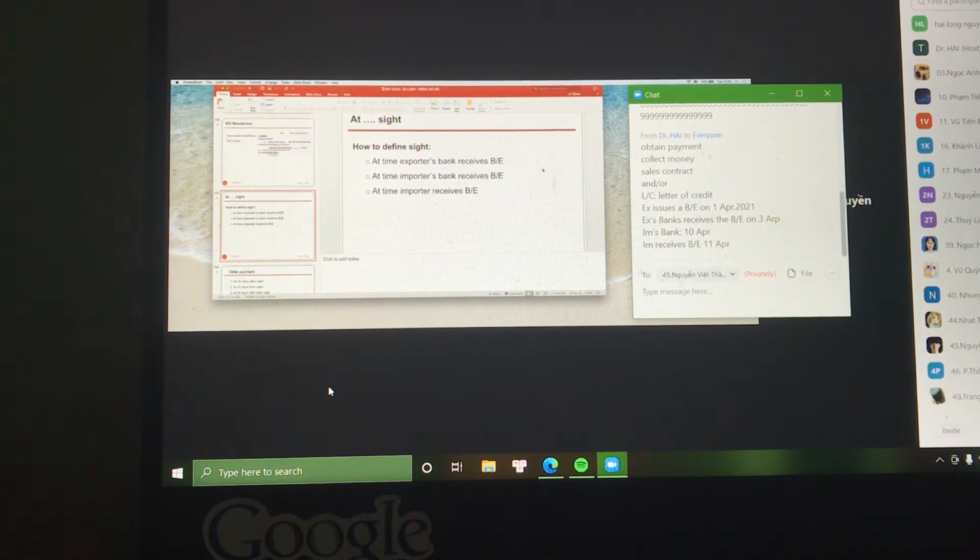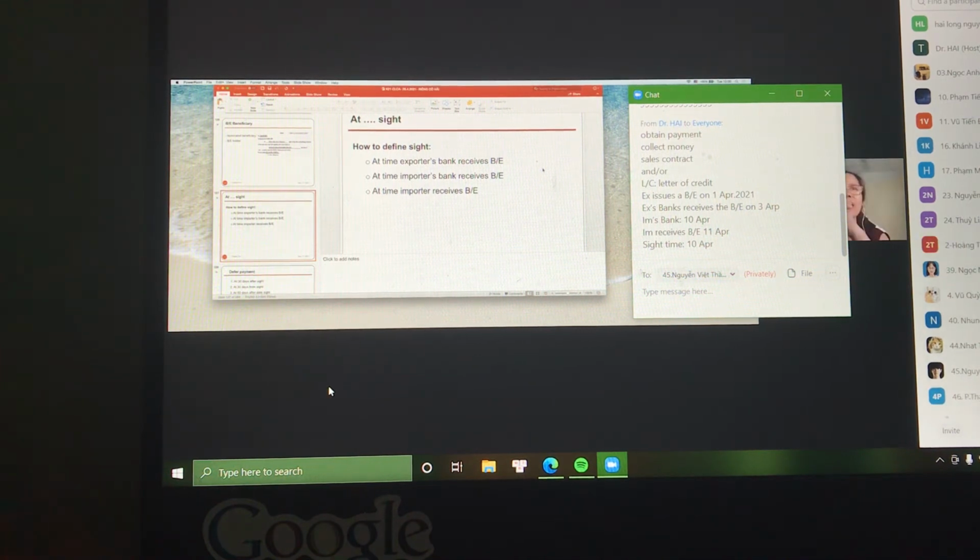Okay, good. 10 of April. Remember. So 10 of April is sight time. That's why the exporter can calculate the time, because we know exactly about sight time. Based on this time, we will check whether the importer pays right or not. Okay, 10 of April is the sight time.